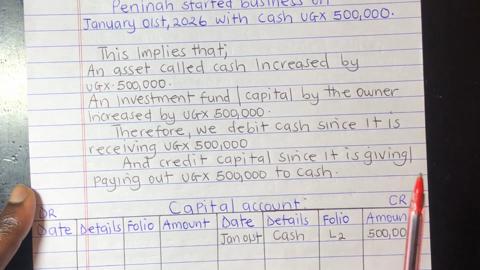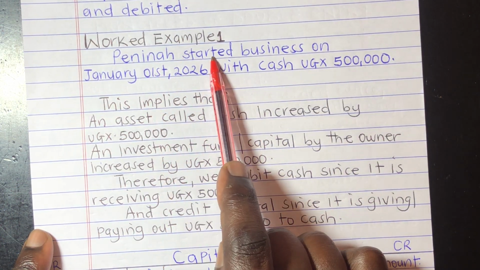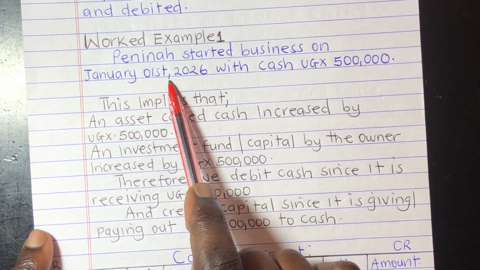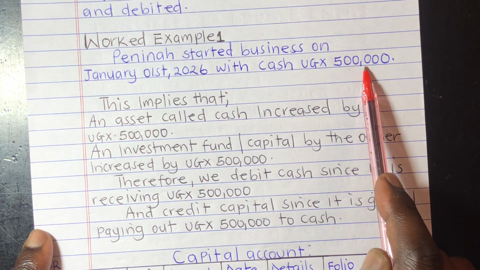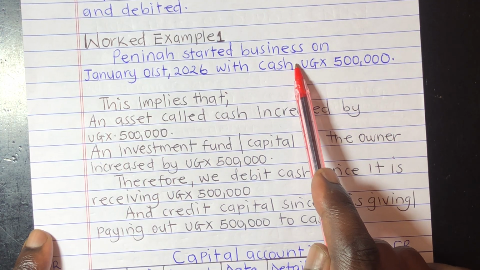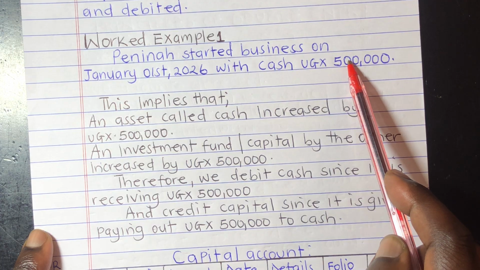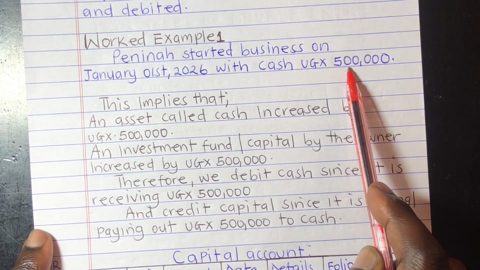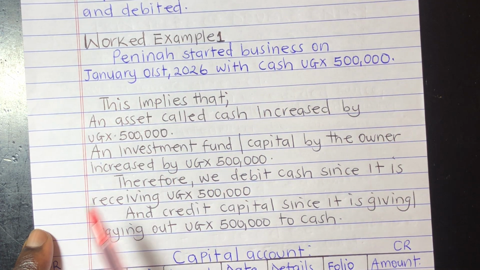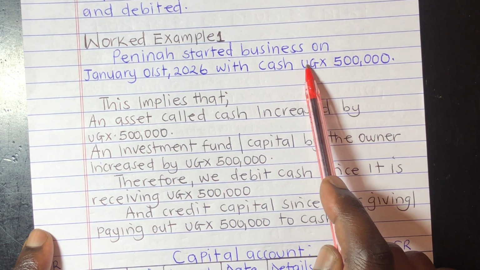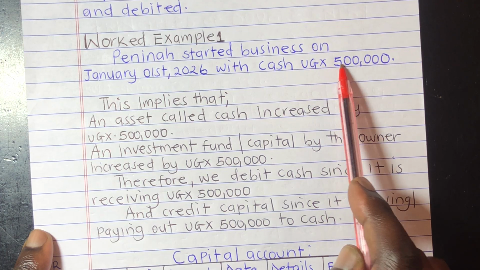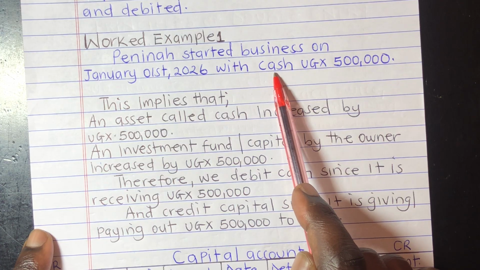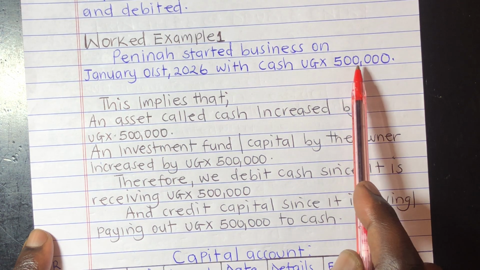So in this regard, Penina started business on January 1st, 2026 with UGX 500,000, meaning this amount of money was capital, meaning capital was issuing money to the cash account to be spent on the business startup. So capital was losing money to the cash account, meaning cash was increasing, and we said cash is an asset. So if an asset increases, we debit it.